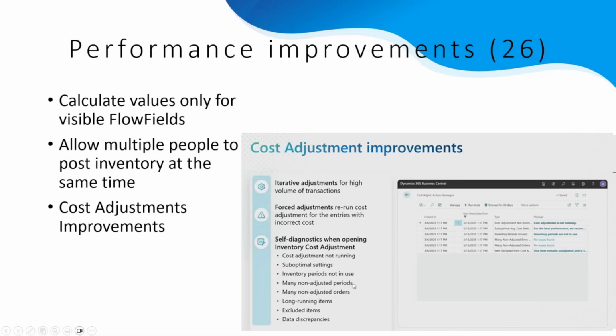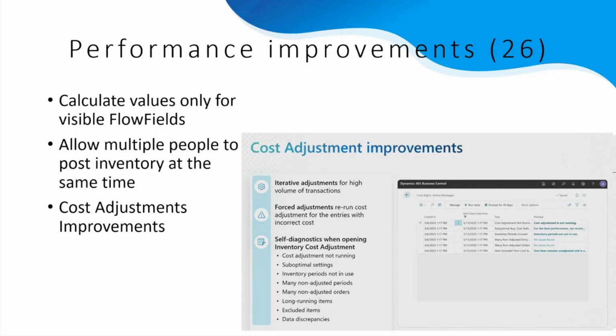So in Business Central, with the new cost adjustment improvement functionality, Microsoft will notify you to say, for best performance, we would recommend you run an adjust cost job, or it would recommend that you start to use inventory periods for a more accurate inventory valuation, to reduce your financial discrepancies, or maybe increase your operational efficiency.